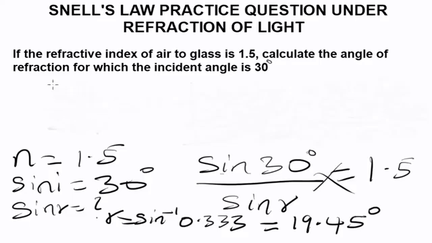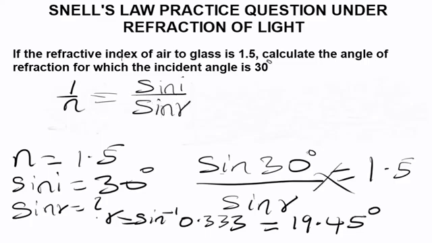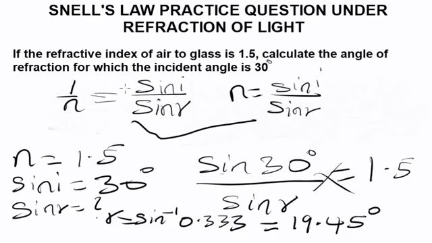In this case, the refractive index would have been 1 over n equals sine i over sine r. But since the refractive index is from air to glass, from a less dense medium to a denser medium, this is the right formula: n equals sine i over sine r. So take note of this difference, very important.